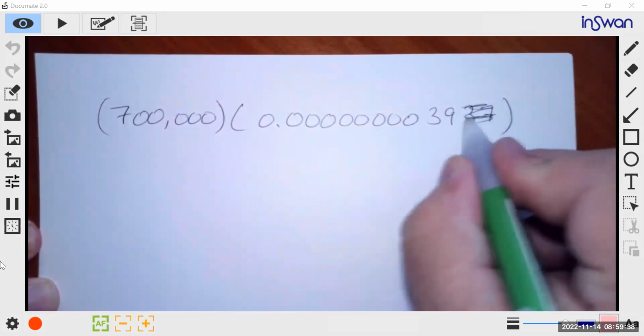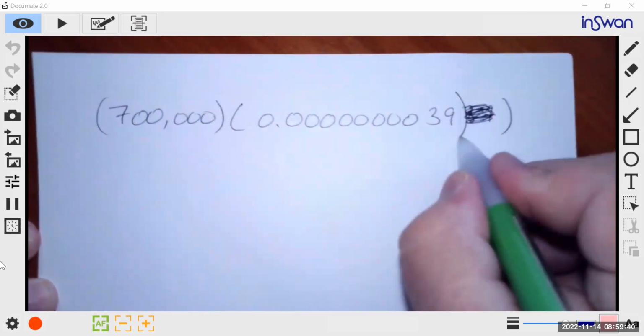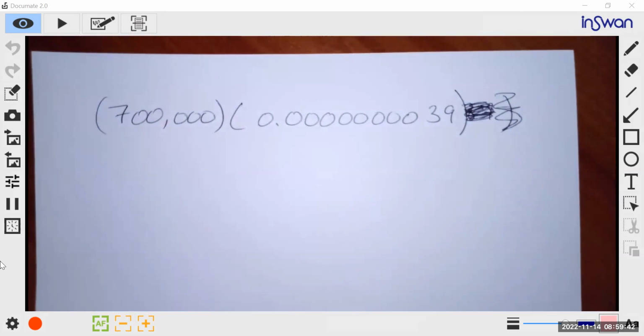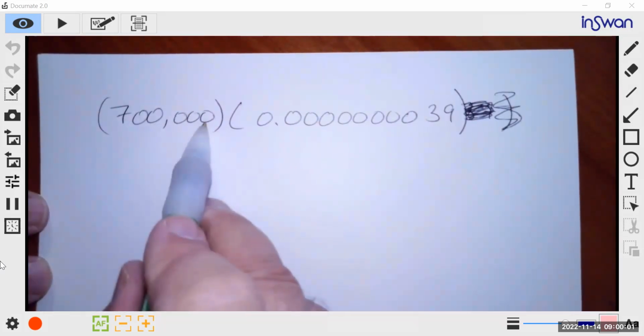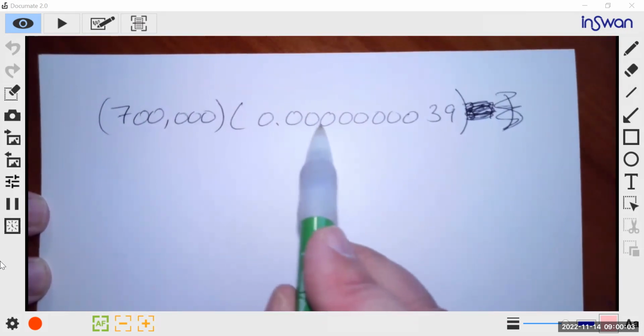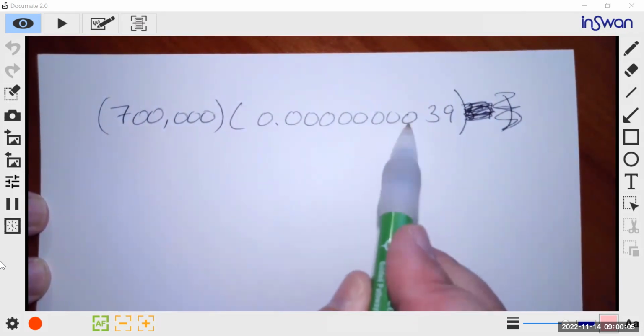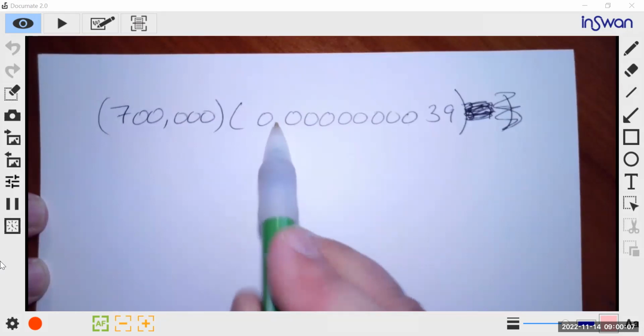Let's do 3, 9. Multiply these two numbers together. There are 5 zeros in the first one. There's 1, 2, 3, 4, 5, 6, 7, 8 after the decimal on the next one.